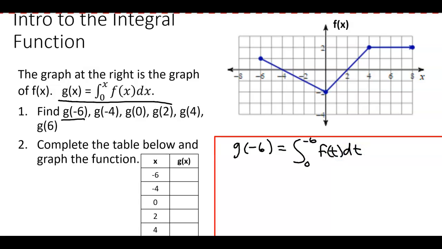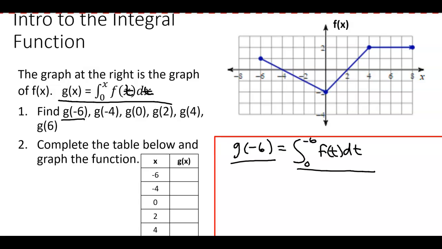I wish I would have used t's. So if you want, you can actually just change them now, because I don't want you guys to think, oh, there's x's, so I should plug in the negative 6 there as well. You don't.